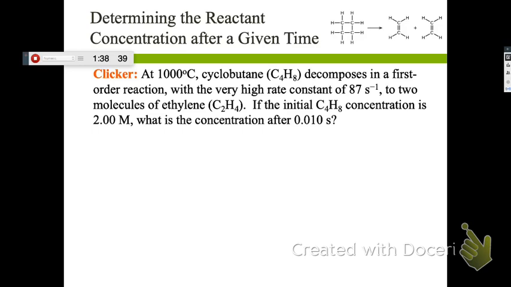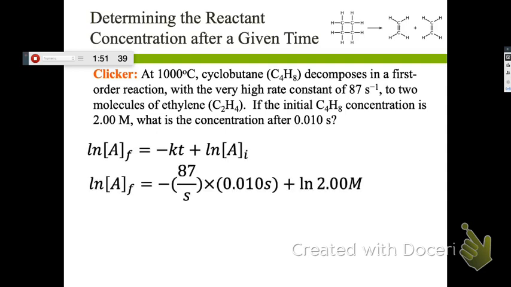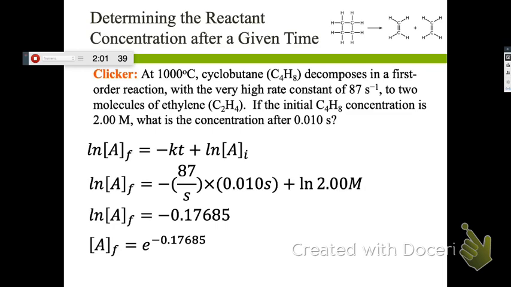We have the integrated rate law. Do we have initial and final concentration? Just initial. Do we have time? Yes. So we have the rate constant? Yes. So if we put all these into action, what do we do here? Logarithms. All right. The other ones are a lot easier to figure out. So I just wanted to show one of these where you have to undo a natural log. So you use e.